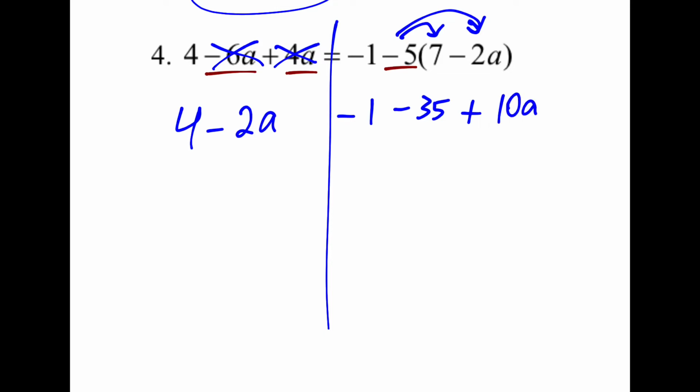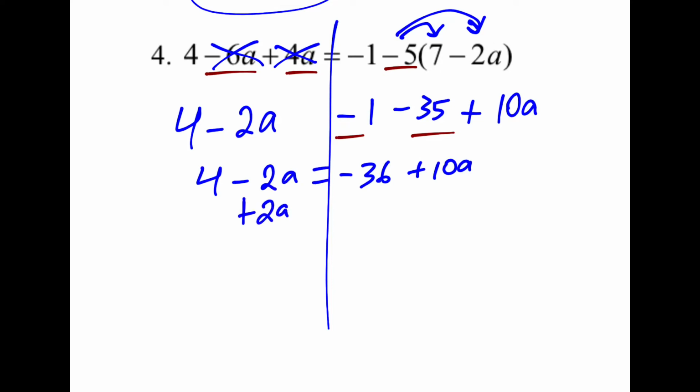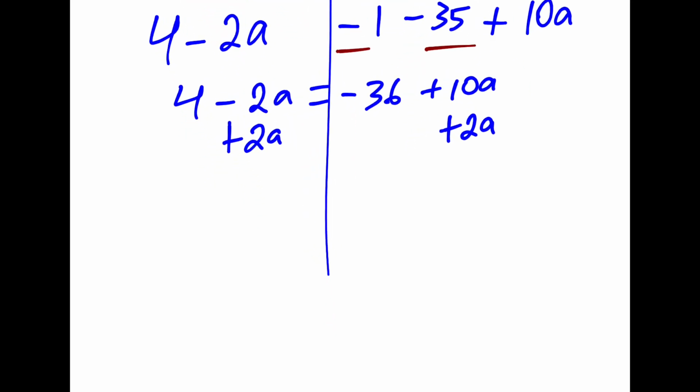Because a -5 times a -2a comes out positive. And you might notice that these are both constants, so I could combine them and get -36 plus 10a. And I could rewrite this if I wanted to, just to have it lined up. And I'm going to send my a terms over to the right. Notice I'm adding a's wherever I see a's in columns.